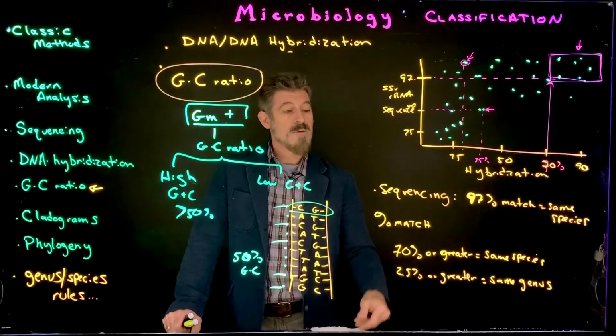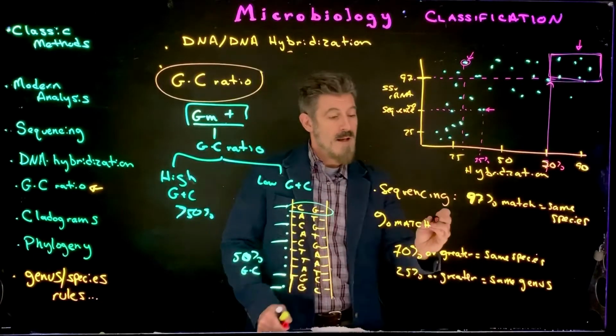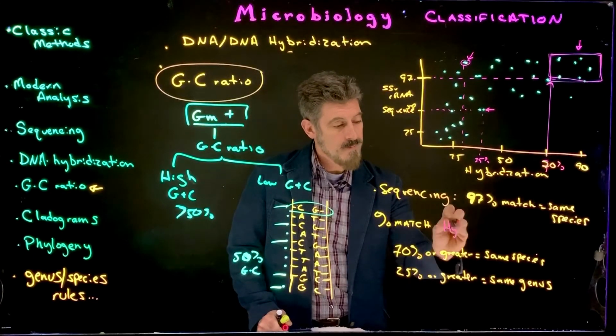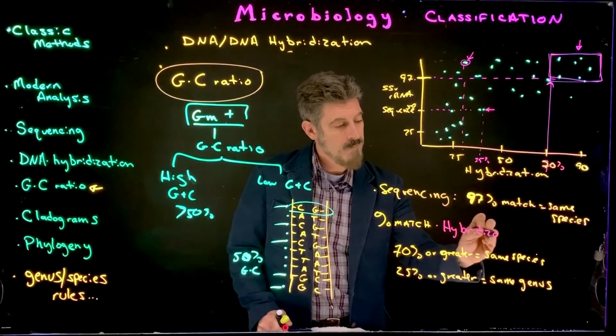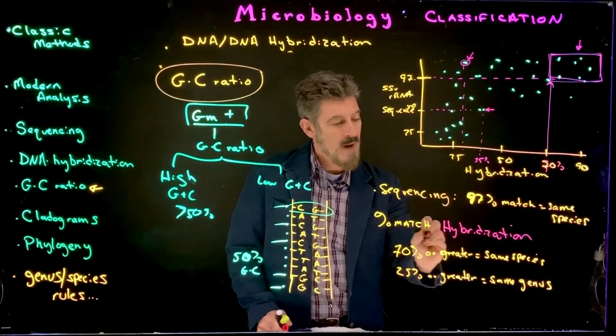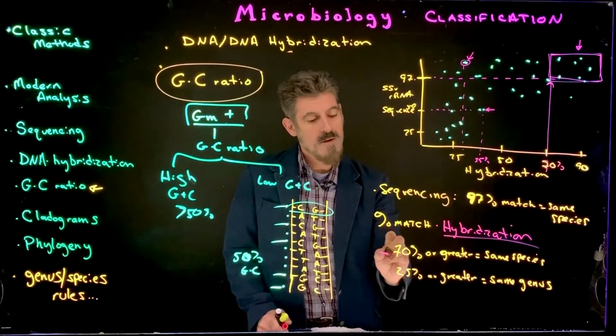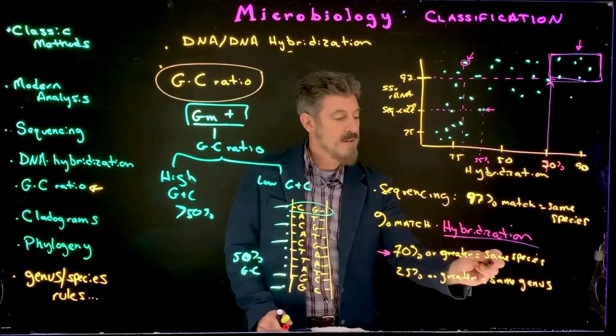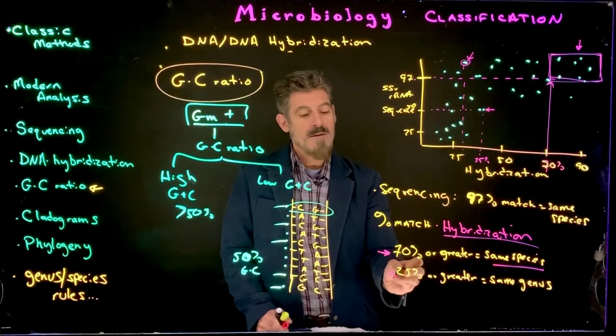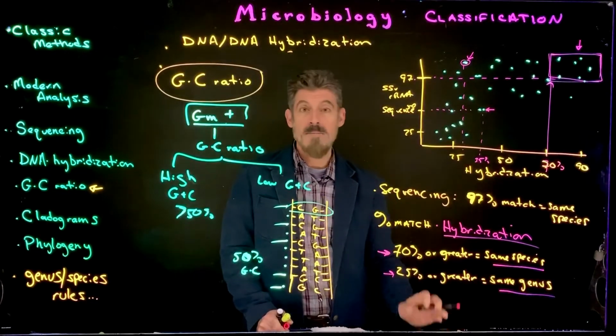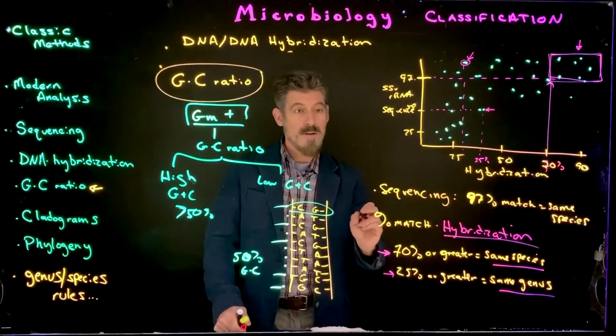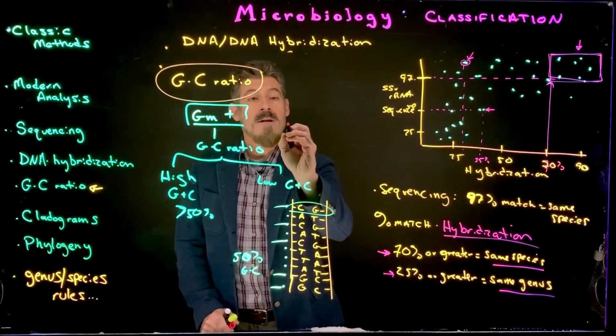And there are different rules. Make sure you know the rules. So for this, the hybridization rules: hybridization has to be greater than 70% to be the same species, greater than 25% to be of the same genus. Okay, and remember a couple little tips on this.